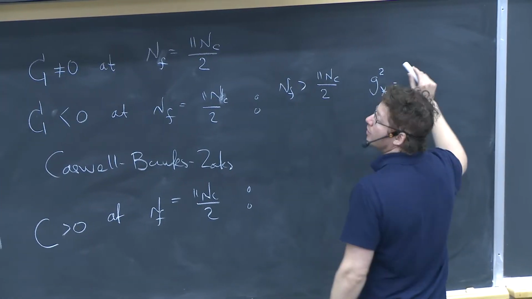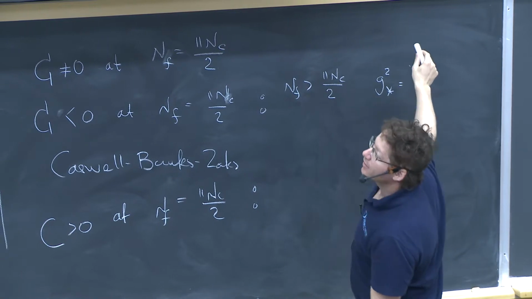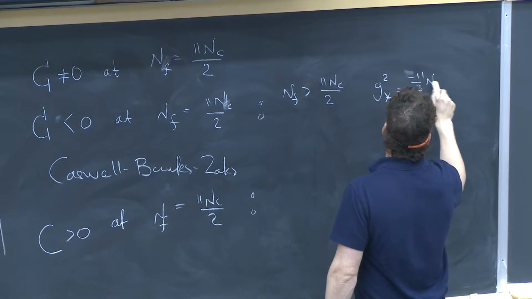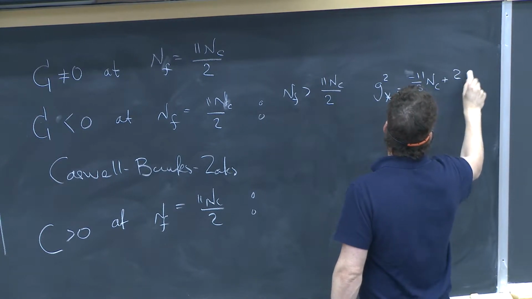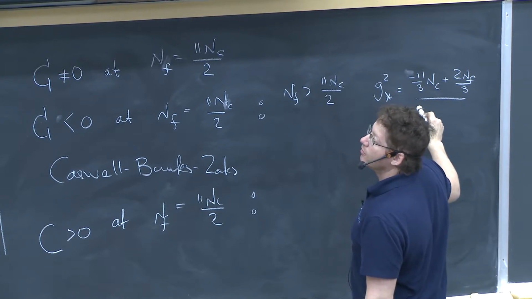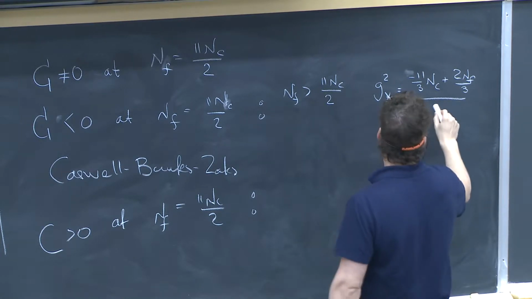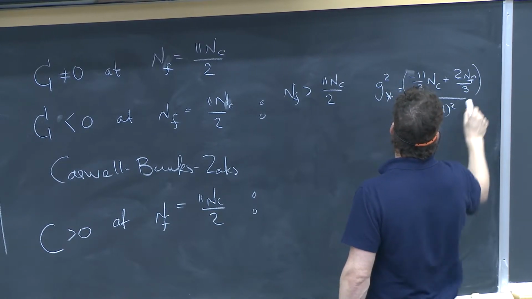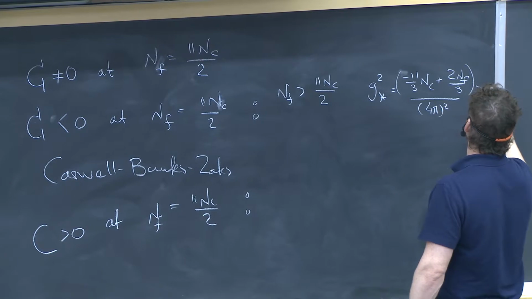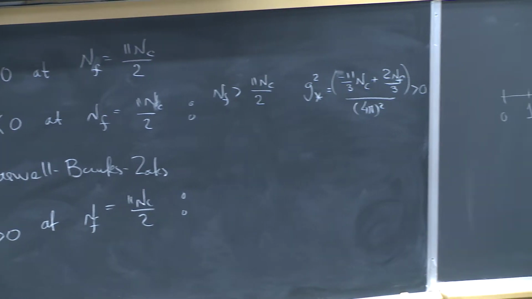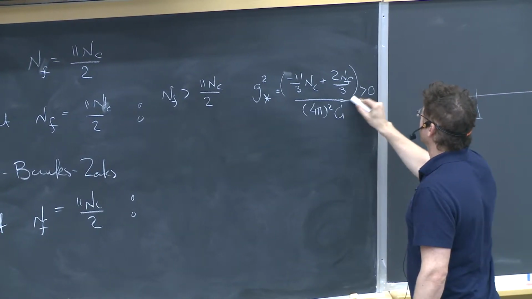So it's going to be minus 11 over 3 n_c plus 2 n_f over 3, over 4 pi squared in this convention. And this is positive. So it's a good fixed point, because g squared always has to be positive. Right, sorry, by c, I guess.